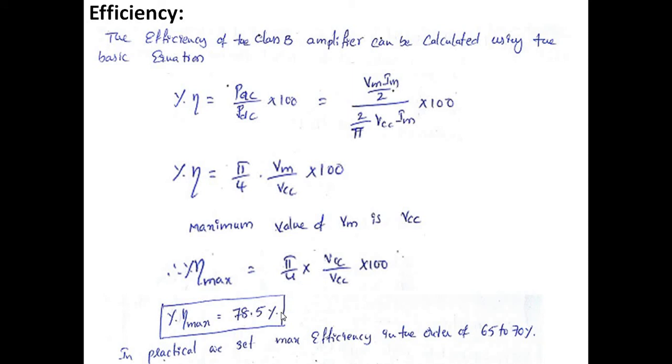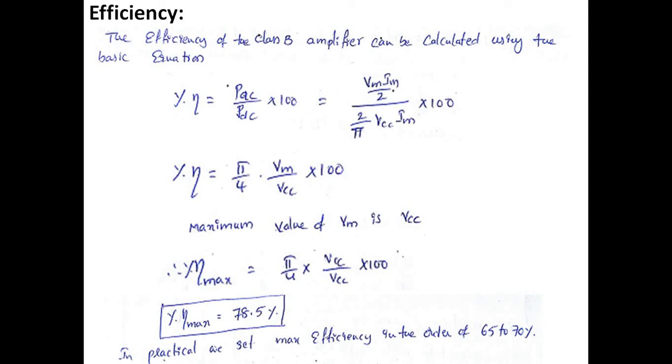We have already seen in the previous case the transformer coupled class A power amplifier has an efficiency of 50%. Now see, because of using the two transformers, efficiency has been increased to 78.5%. But in practice, we are not going to achieve this 78.5%. It will be around 65 to 70% only.